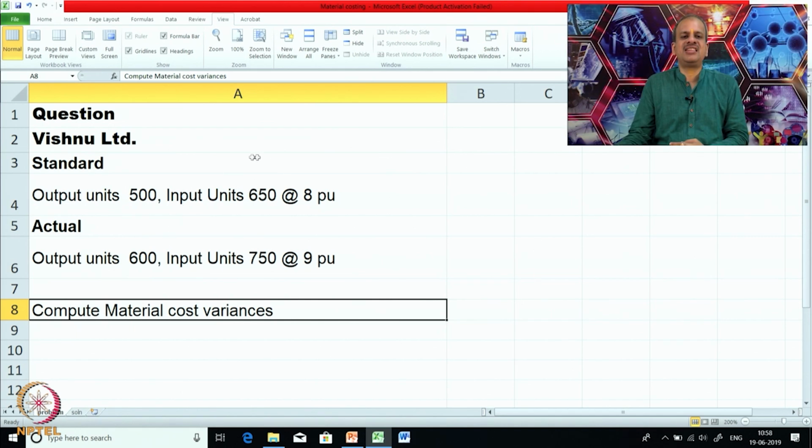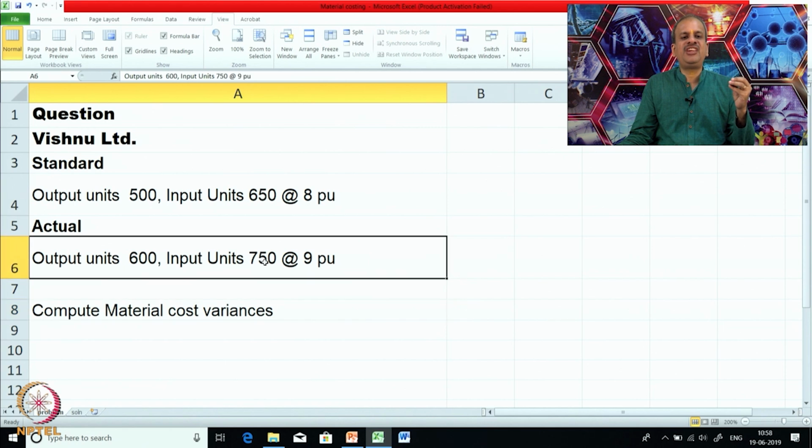Our comparison is essentially for input quantities because we are calculating cost variance. So, 750 is an input at 9 rupees. So, we are spending on 750 not on 600. There will be some inherent loss in the process.